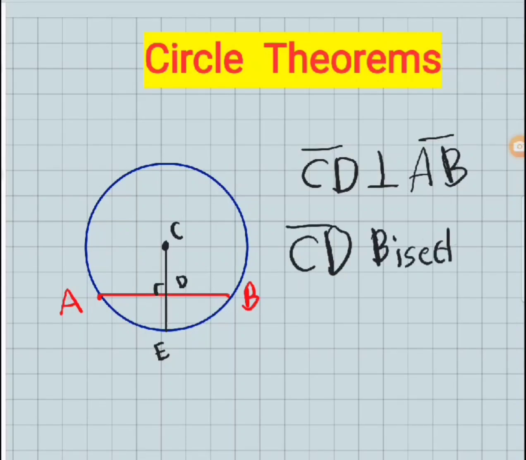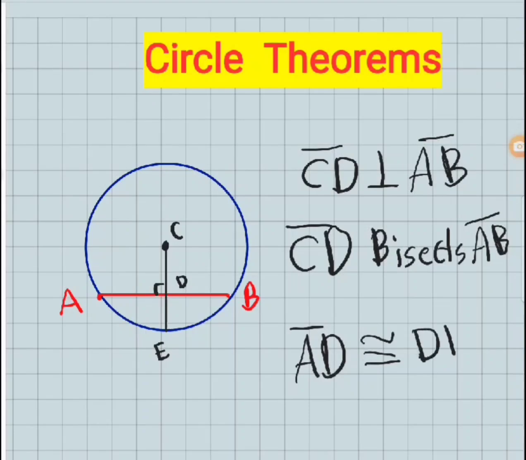So if CD is the perpendicular bisector of AB, that means that AD and DB are congruent. And if that's the case, that means that D is the midpoint of AB. So that's one theorem you need to know.